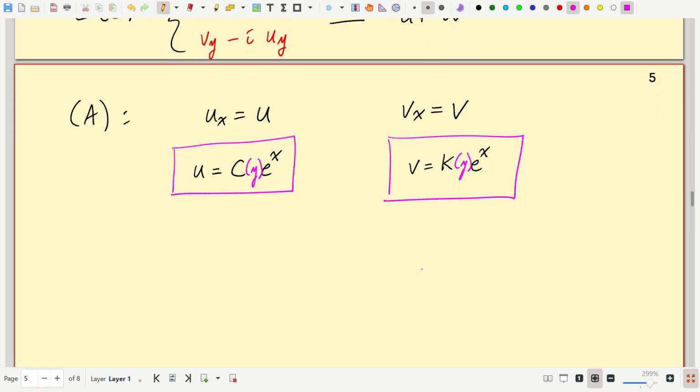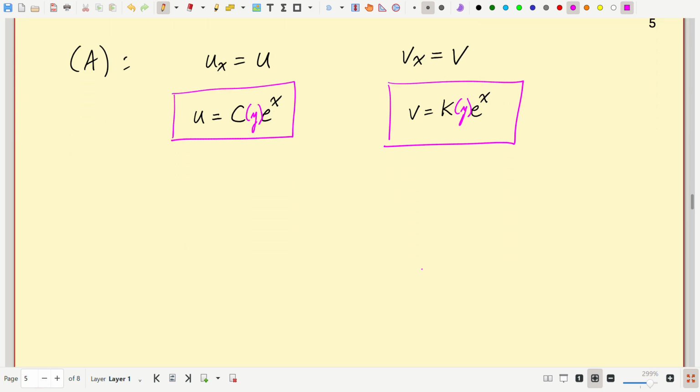So I've used up those boxes. And the other box gives me dv dy needs to be equal to u, and minus du dy needs to be equal to v. Okay, I used up my boxes above.